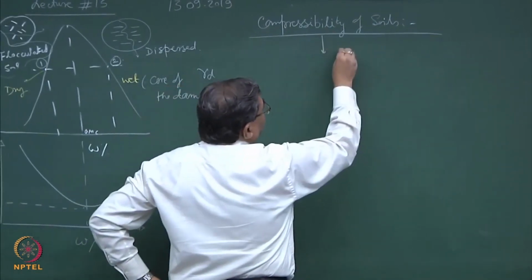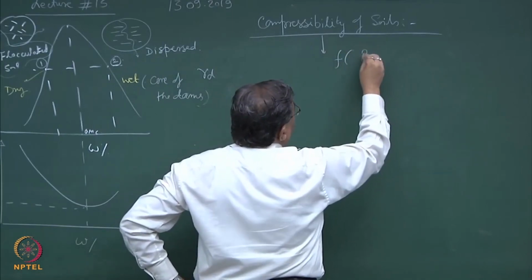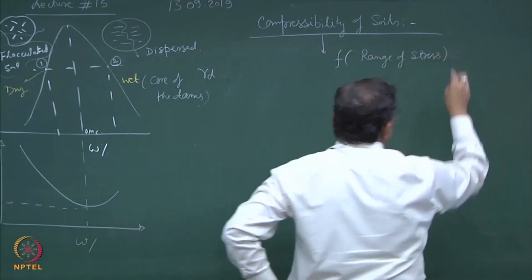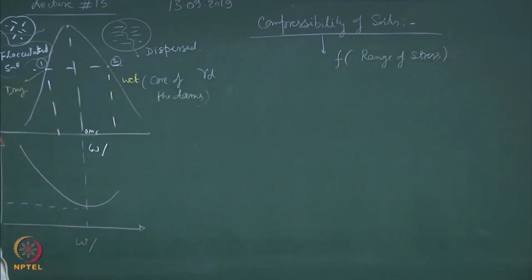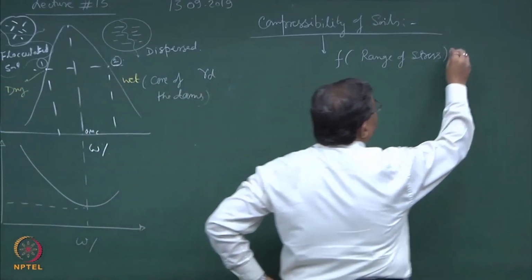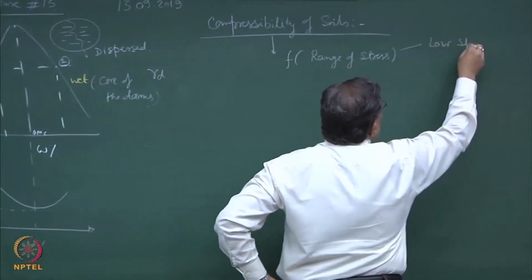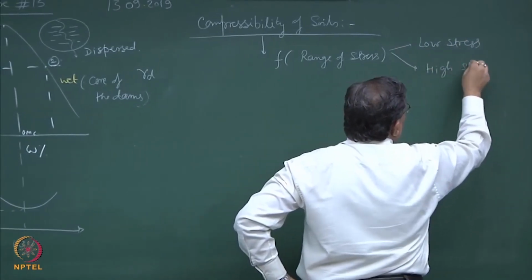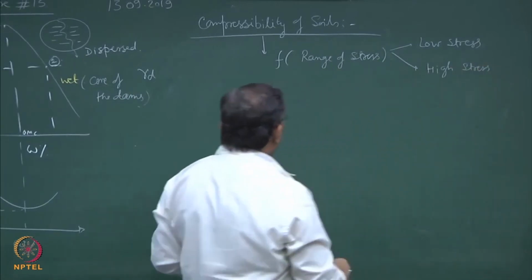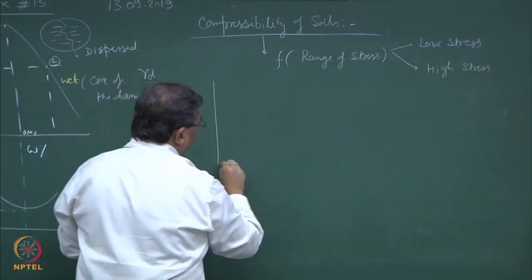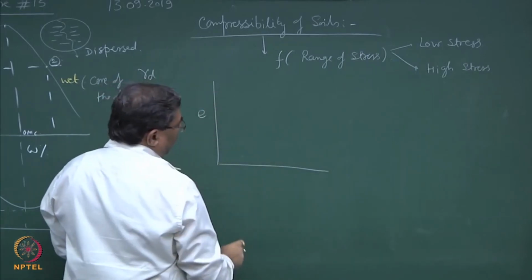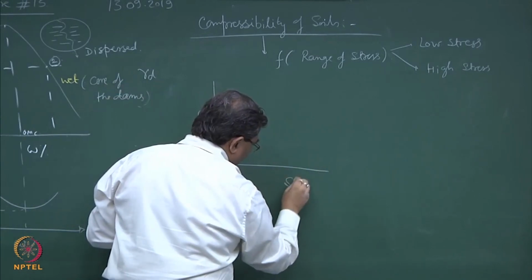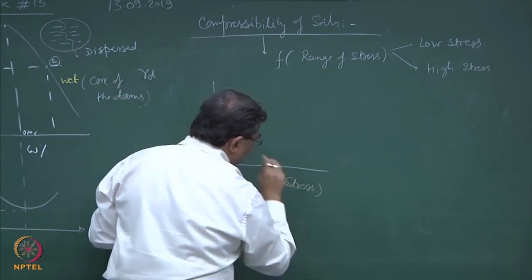Normally, compressibility is a function of range of stress. Sometimes we define things as a low stress, and sometimes we define this as the high stress. So, suppose if I plot void ratio as a function of stress, I will use the term as stress for the time being.